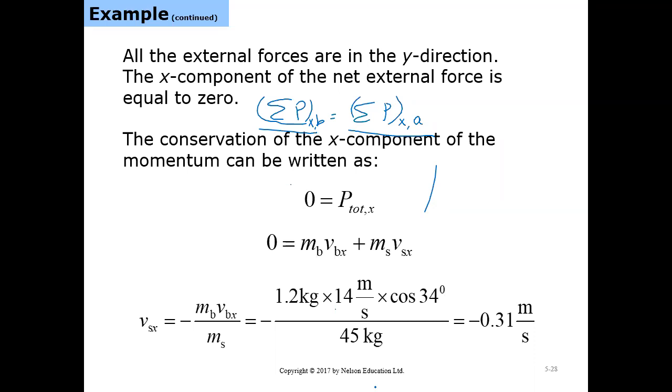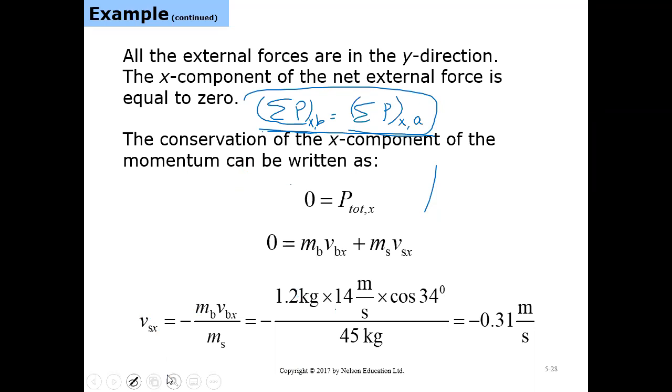The only horizontal force that can come is due to the friction. We ignore the air resistance, okay? It is actually very small. Friction can have a value, but we are saying it is perfect ice, there is no friction. Now we apply the equation which says total momentum before is equal to total momentum after, just a statement of conservation of momentum.